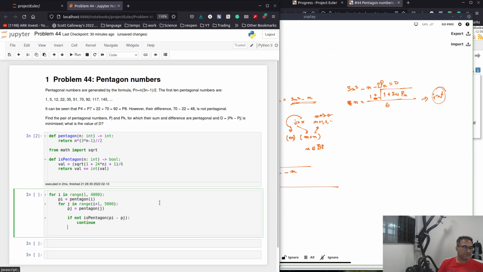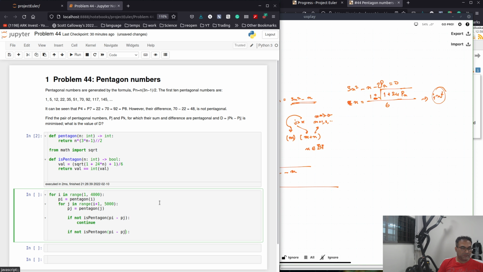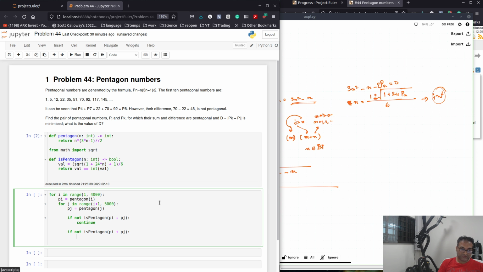Okay, if the sum of those two is not that either, also continue.